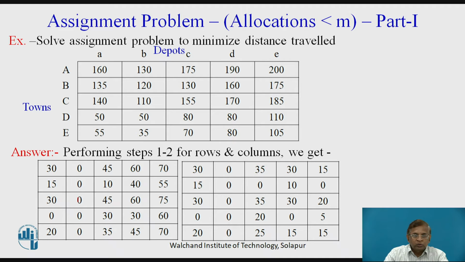The second column has got 0, so we do nothing. The third column has got 10 as the least element, so that we subtract from all the elements of that column and we get the column in the next right bottom table. Same we adopt for the remaining columns, and finally we get the table on the right bottom side.